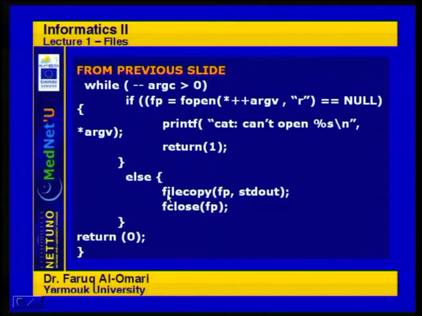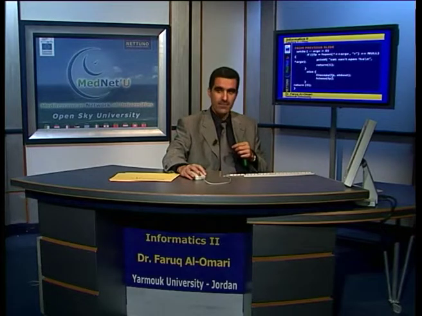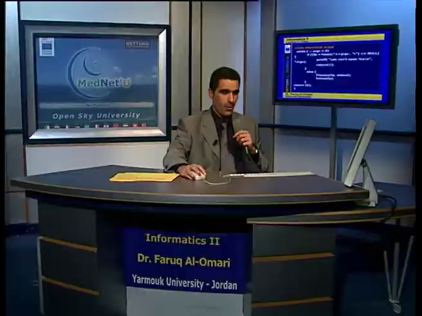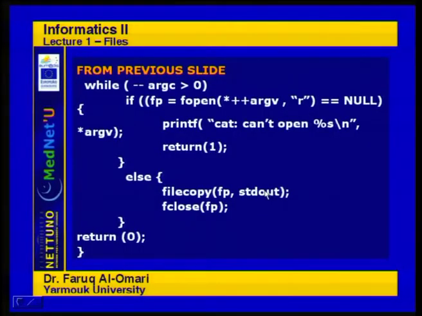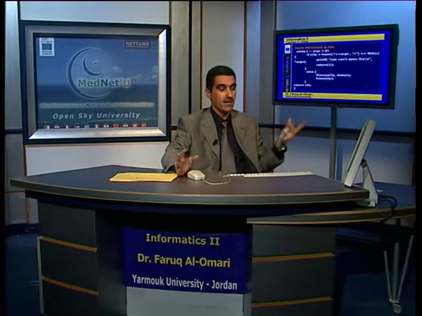And in here, I'm going to copy the file, which is pointed to already by fp, to the standard output. So whatever data I'm getting from the file pointer, the file I already opened for reading, I send it to the standard output, which is the screen. So pretty much I'm displaying the content of that file on the screen, and I'm done with that.